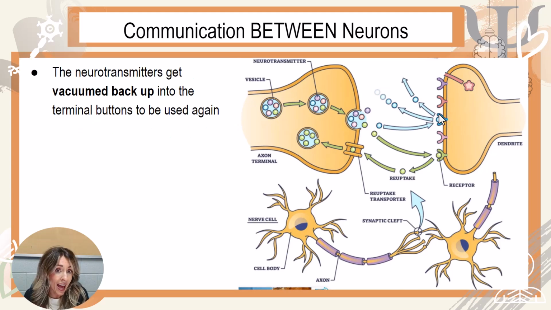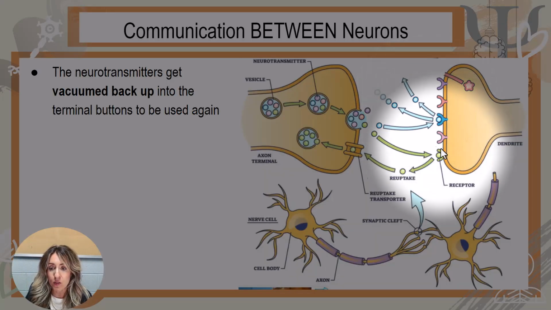Now, that's not the end, because the neurotransmitters who just did the communicating, they locked in to the receptors, they now get vacuumed back up into the cell, back up into the terminal. As you can see, this process is illustrated by the green arrows. It's called reuptake.